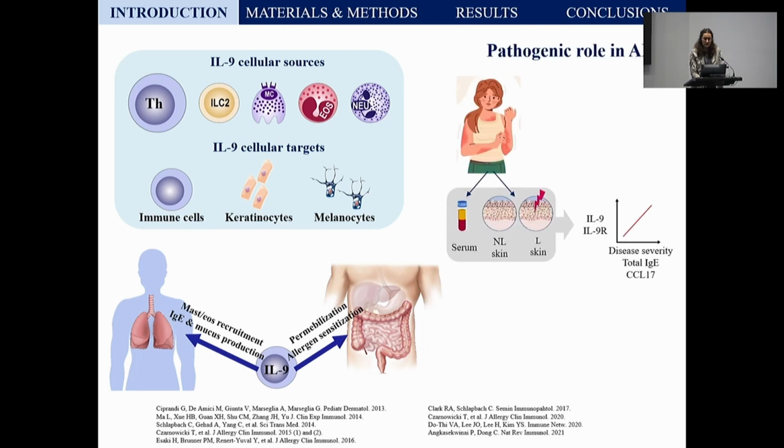Likewise, it plays a pathogenic role in atopic dermatitis as it is increased in serum as well as in lesional and non-lesional skin. Altogether, it correlates with disease severity and serum levels of total IgE and CCL17, which is the most reliable biomarker for atopic dermatitis.